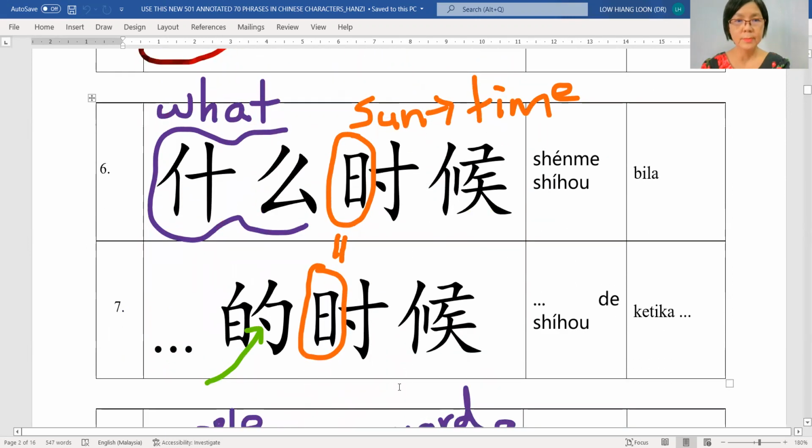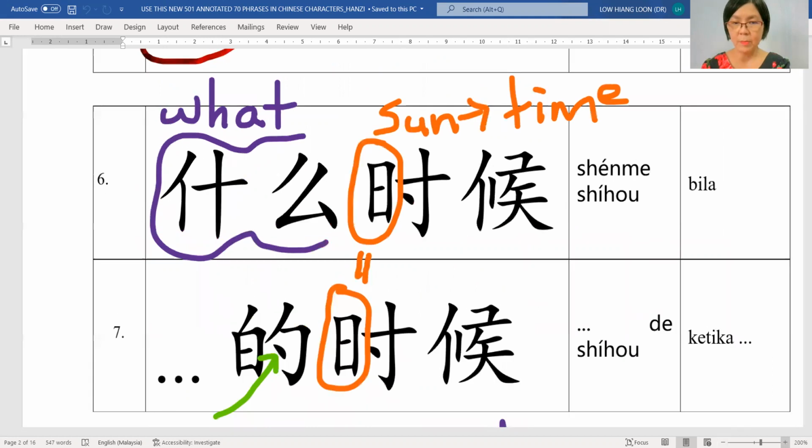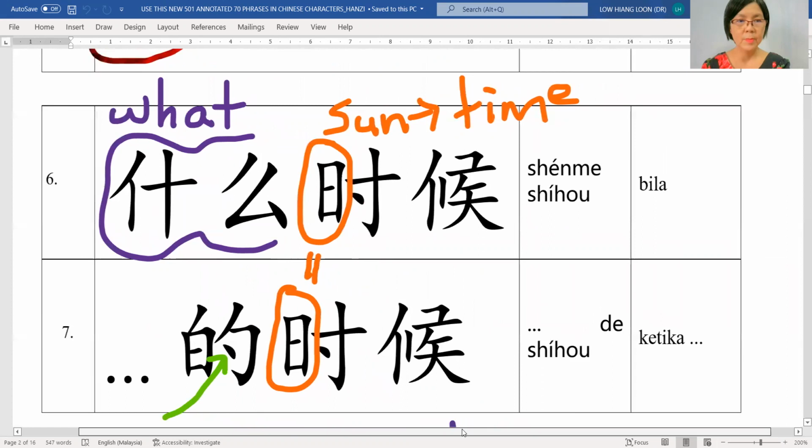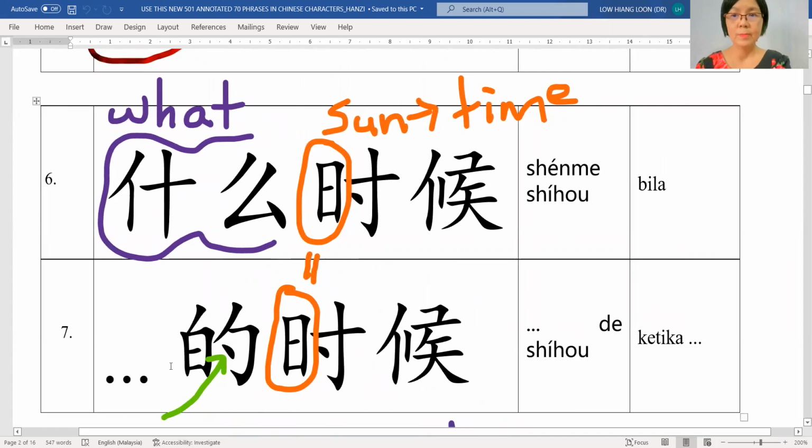The first character, louder, please. Shenma Shahou, bila. The first character represent what, Shenma, that we have learned from previous chapter, and then another one character that circle with orange represent some radical that relates to time. 好吧.